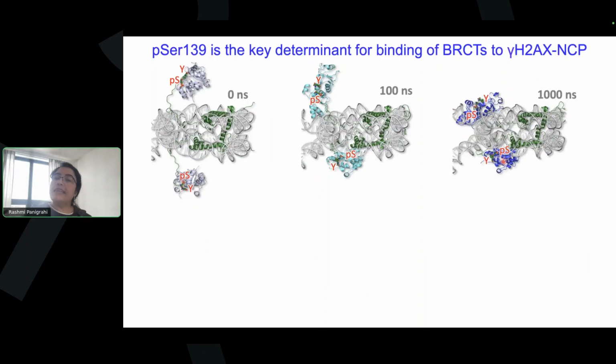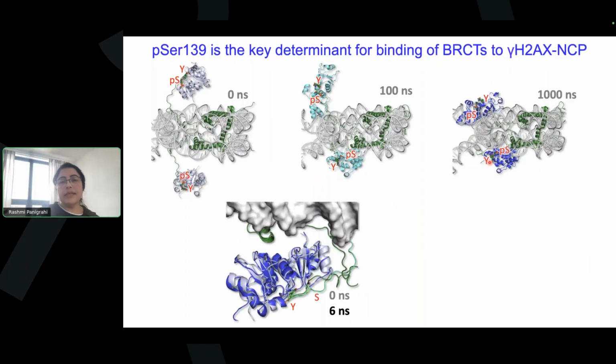However, when we checked the interactions of the BRCT with the nucleosome, other than the phosphoserine and tyrosine interaction, we could not find any specific interactions. Then we removed the phosphorylation.